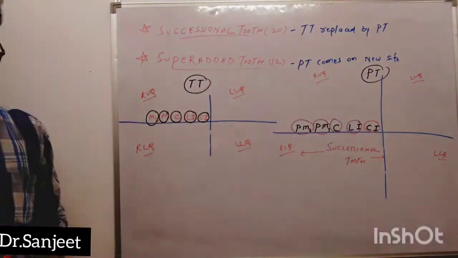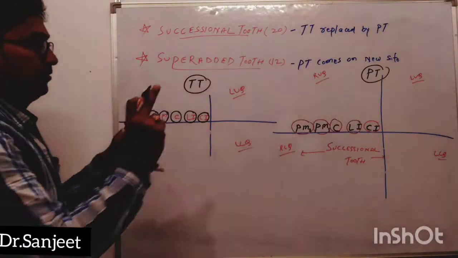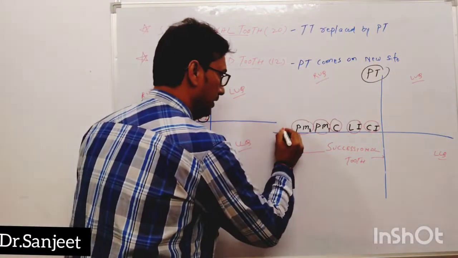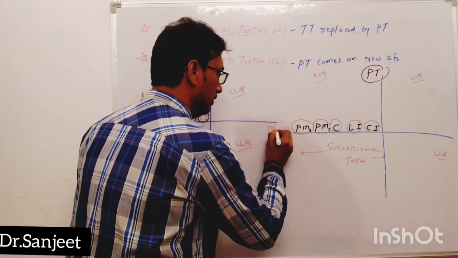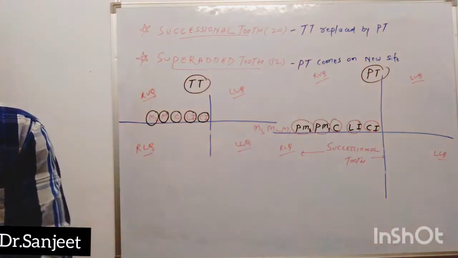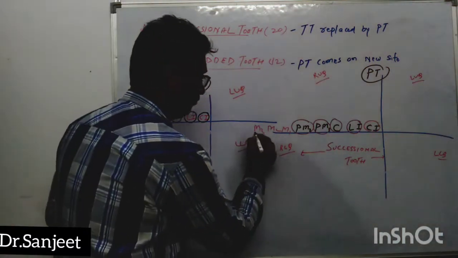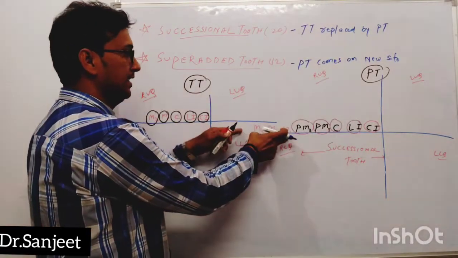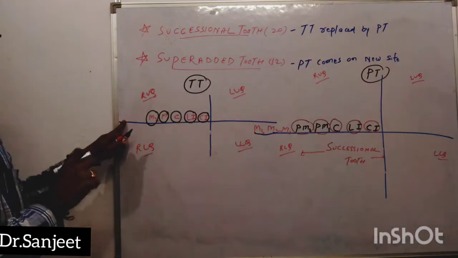Successional tooth. But molar 1, molar 2 and molar 3 come at a different site, a new site.